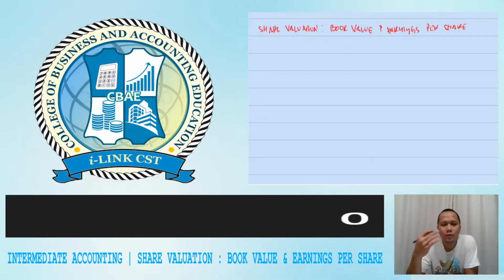Okay? Also, regulatory wise, a corporation is also required to report this book value per share and earnings per share, included in the financial statements, so that although shareholders may not require it, but as we have stated earlier, this is a very vital information as to knowing the present condition of the shares of stocks.